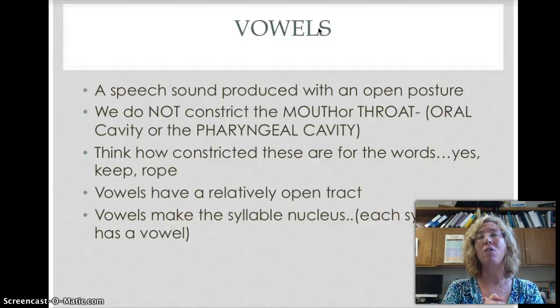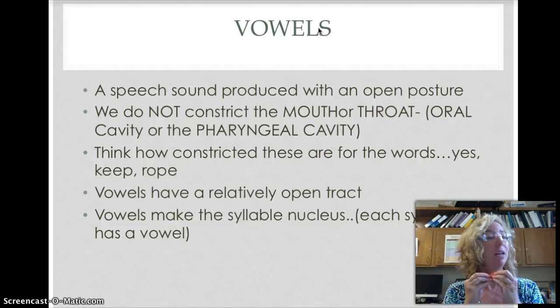So if you think how constricted this word is, now it's a Y. Y is sometimes used as a vowel, but in this case, yes. I'm exaggerating. Keep, rope. The consonants in those sounds are constricted. The vowels are opened up a little.